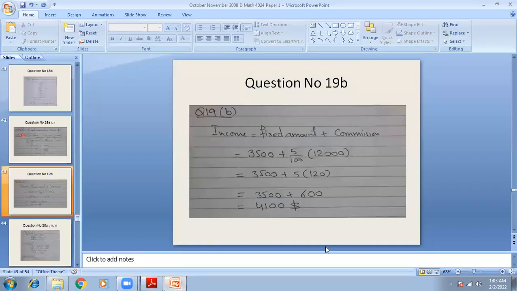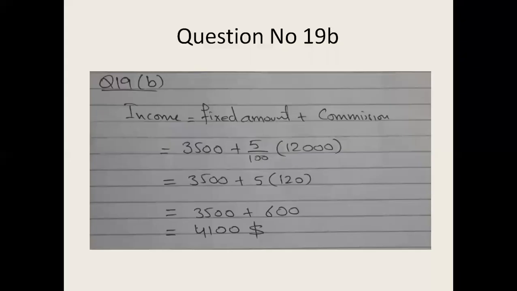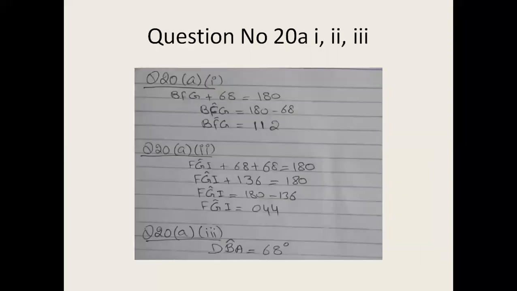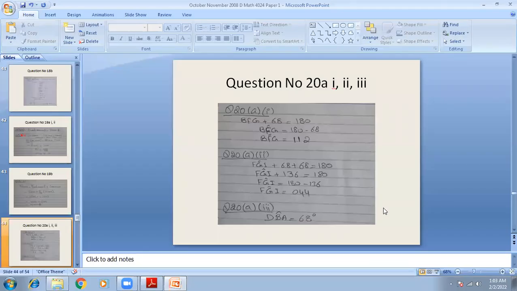Let me show you. So BFG plus 68 equals 180. So BFG will be equal to 180 minus 68, and the BFG will be equal to 112. So that's question number 20, A part.